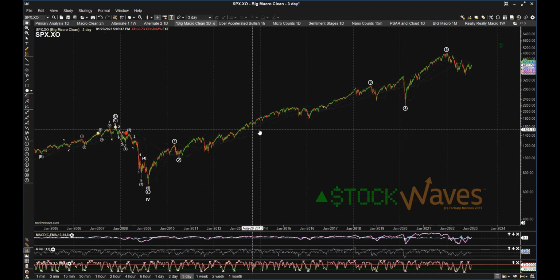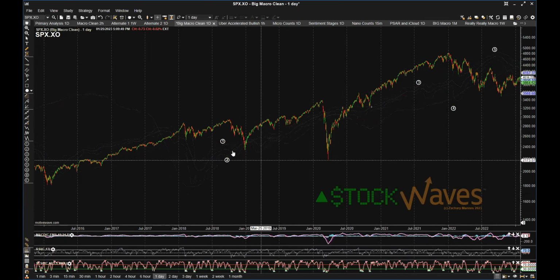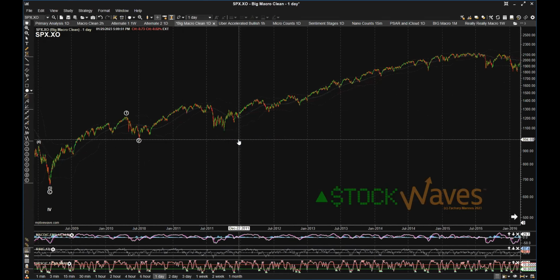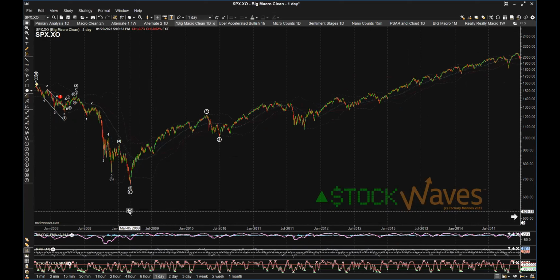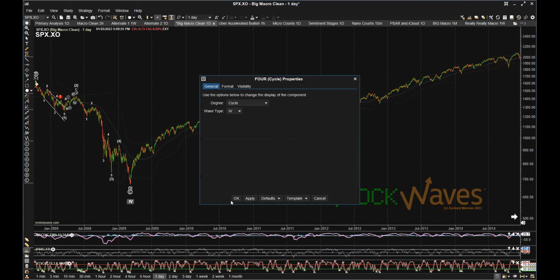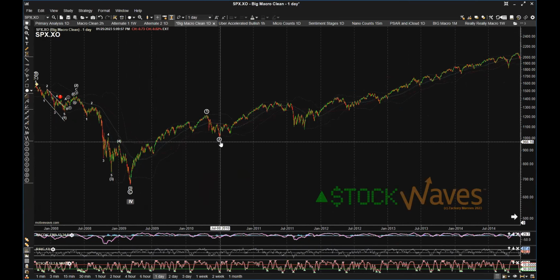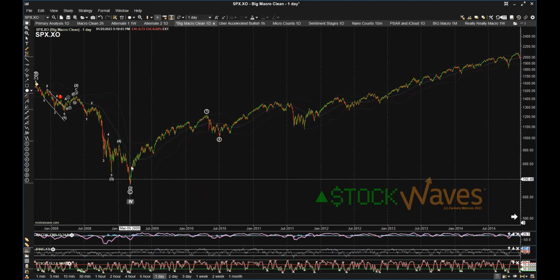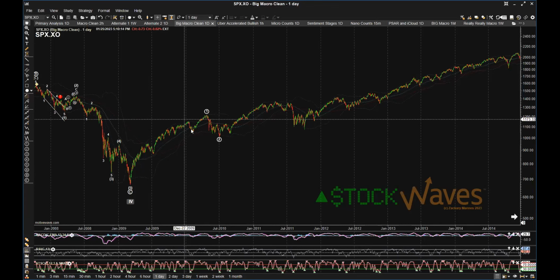But before we look at the rest of that move, let's just start with what we have off of the low, and we'll pretend that this is back in, sometime circa July 2010, and we'll say that we can count an impulsive looking move that, whether you count a little 1, 2 here or a bigger 1, 2, and then a smaller 3, 4, 5 up, we can count this as a 5-wave move off of the low.